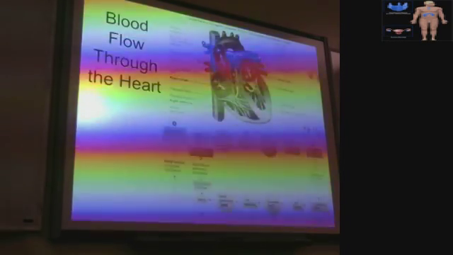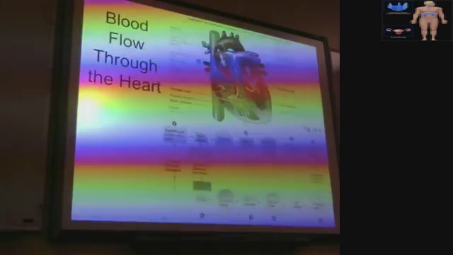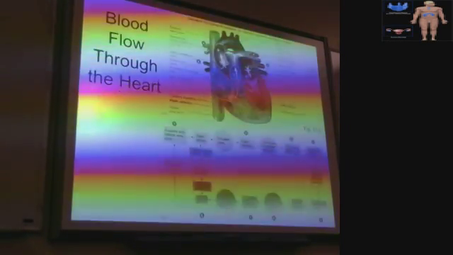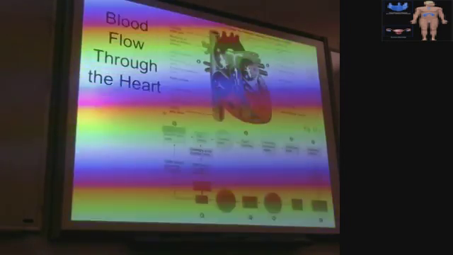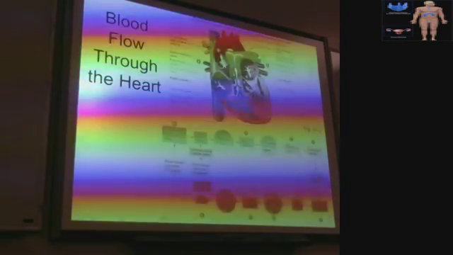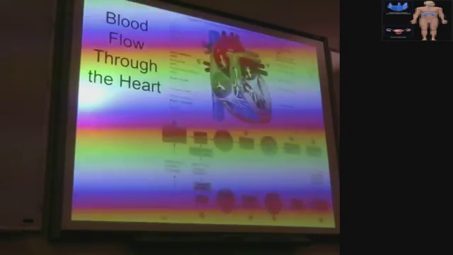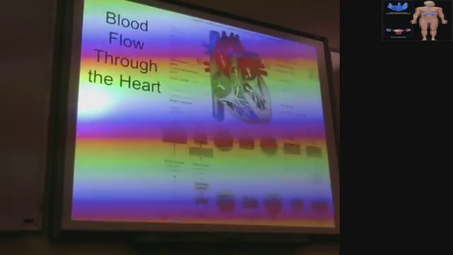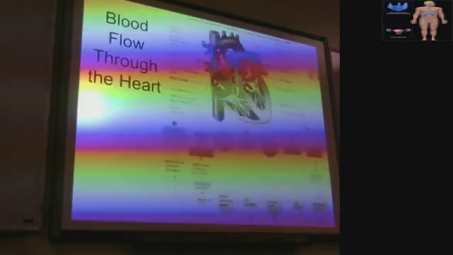You can see the diagram down here. It goes in through the superior vena cava to the right atrium. It passes through the tricuspid valve, right ventricle, pulmonary semilunar valves, pulmonary trunk, pulmonary arteries. You know that pretty well.